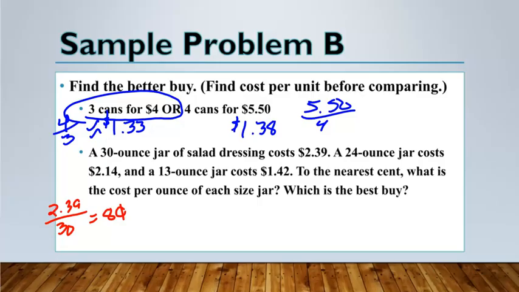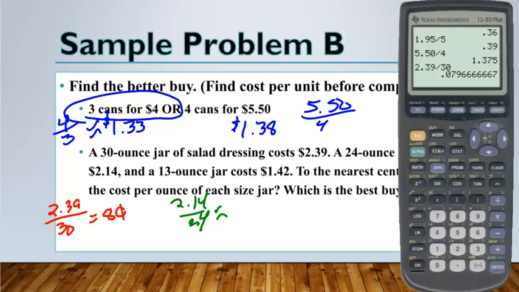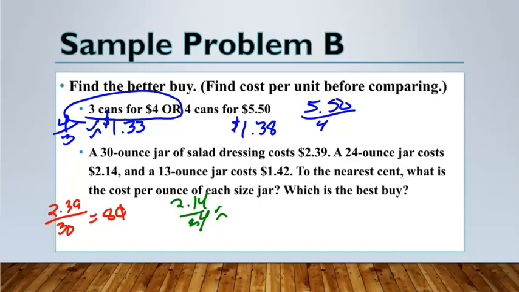Next, we have 24 ounce for $2.14. So 2.14 divided by 24. Grab our calculator here. So we got 2.14 divided by 24. This is roughly 9 cents per ounce. And then our last one here, we got 13 ounce, so this would be $1.42 divided by 13.